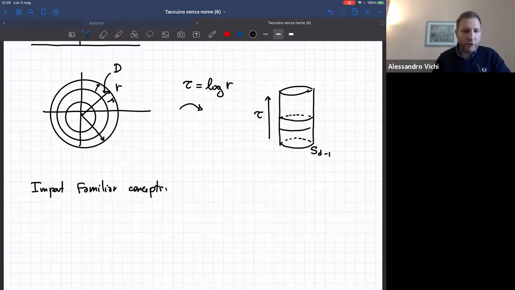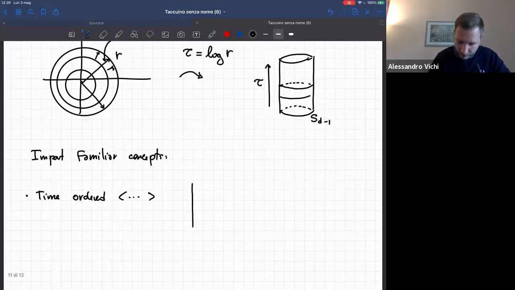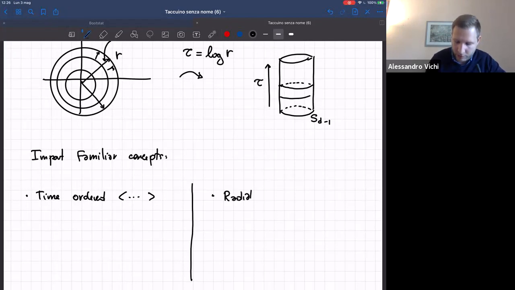On the cylinder, you have an Euclidean quantum field theory, so correlation functions must be time ordered. This translates into having radially ordered correlation functions. Sorry, probably should have been the other way around.